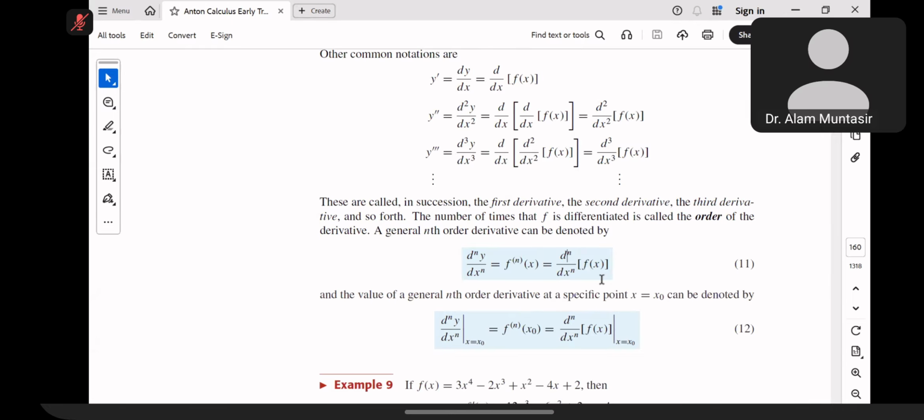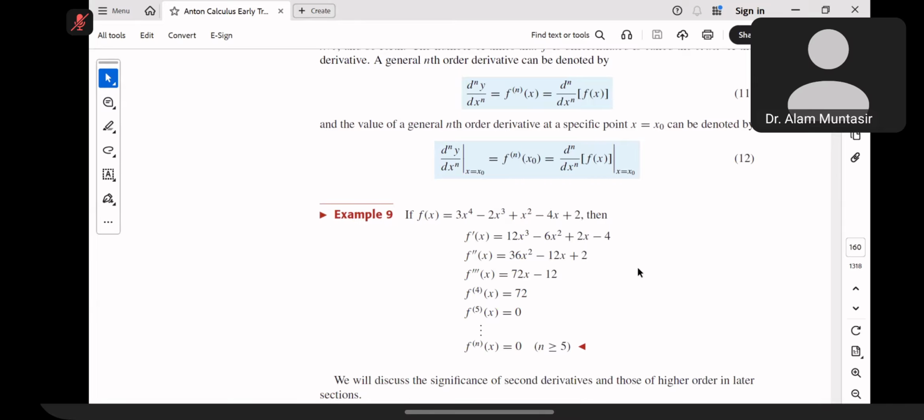Whichever notation you use, the meaning should be the same all through. So as a whole, this is known as higher order derivative, or order notation is placed here.